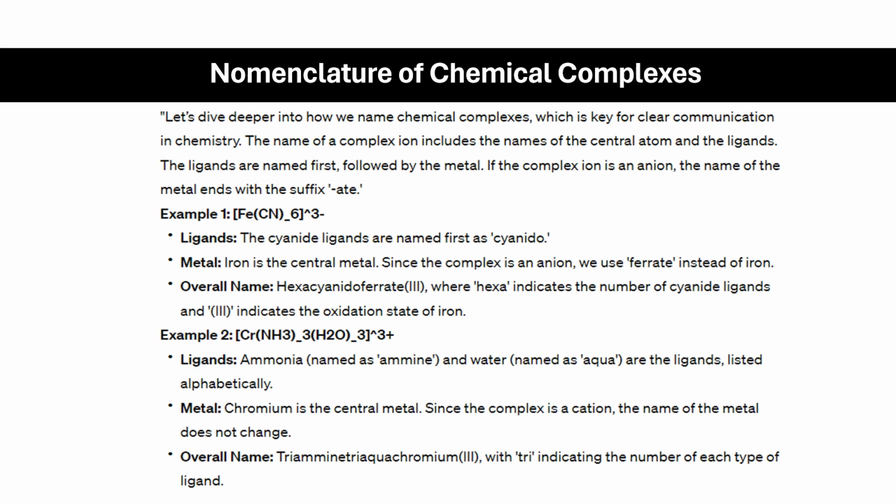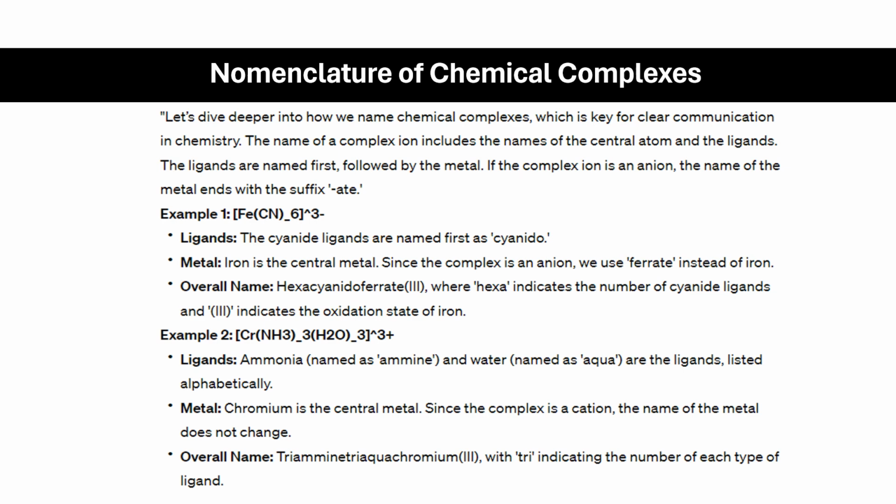So it's very important to take a look first at the formula of a coordination compound or a complex. Let's have example 1. It involves iron, then cyanide with a subscript of 6, and the overall net charge is negative. Let's name first the ligands as the first step. The cyanide ligand would be cyanido.